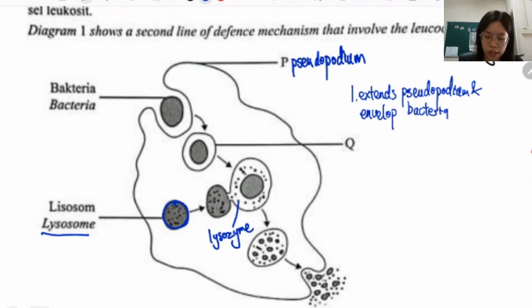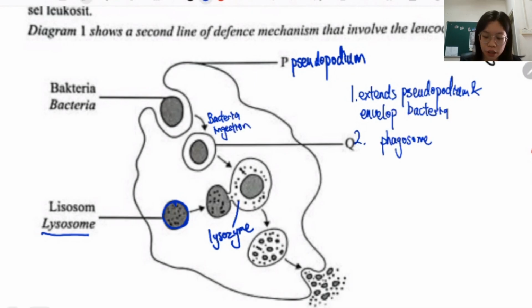And then, through this ingestion of bacteria, it will form a phagosome. So Q is actually a phagosome. This is because the pseudopodium envelops the bacteria, so it ingests it. So bacteria ingestion forms a phagosome.